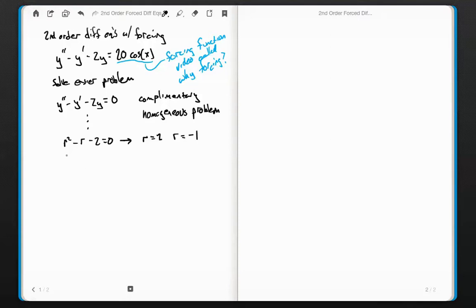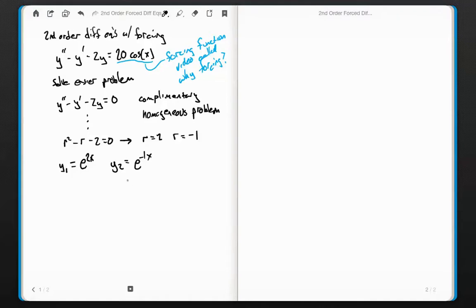So we can get two solutions out of this. Our two solutions are y1 equals e to the 2x, and my other solution is y2 equals e to the negative x.